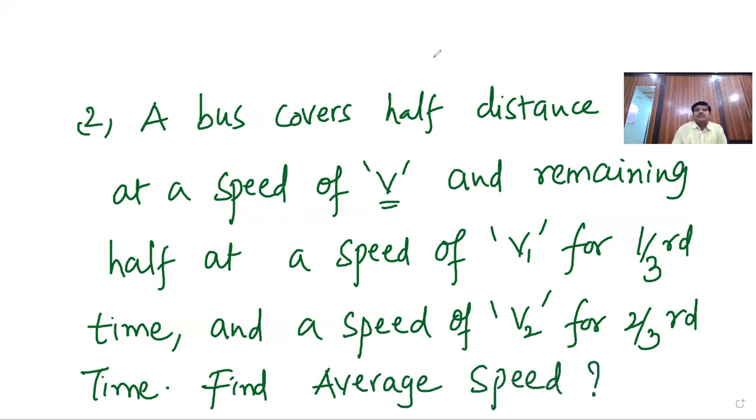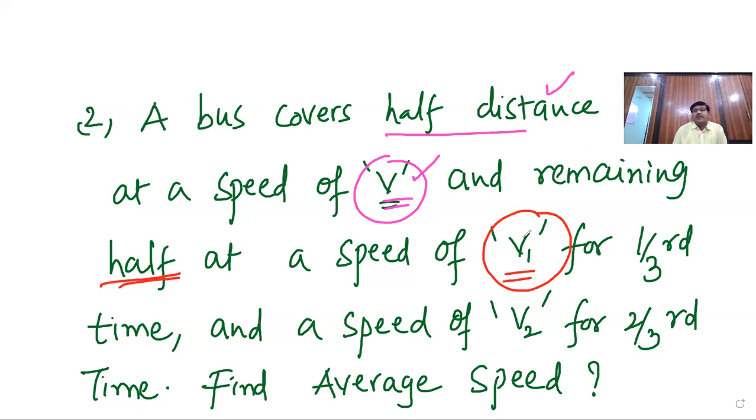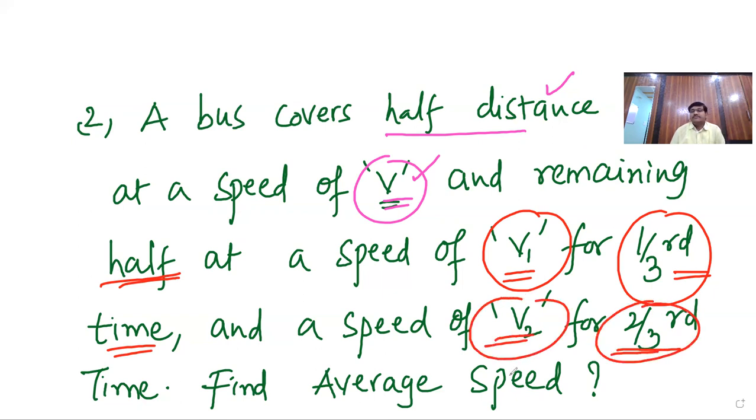That was the question. Observe carefully the question. Bus is covering half distance at a speed of v. Clear? And the remaining at a speed of v1 for one third time, and v2 for the two-third time.